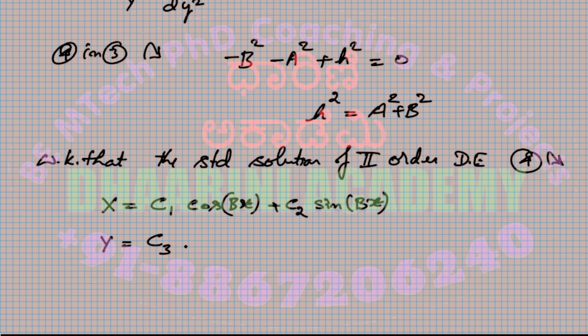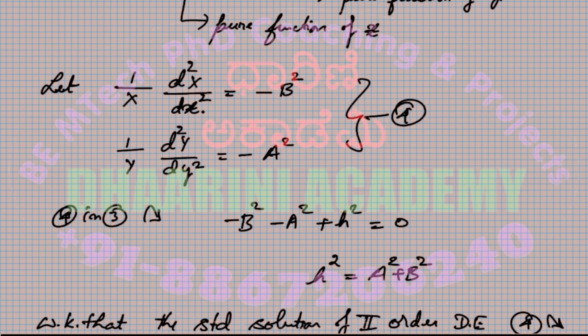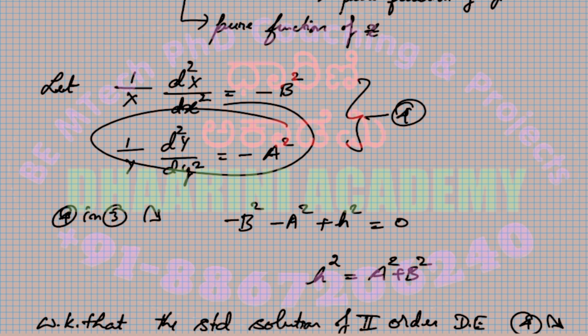Similarly, I'll write the equation for Y, c3, again the same thing, it's a cos. Now it is ax because the right side is a. For the y equation, just consider the equation containing y in equation 4. I'm solving for y. The y has the right hand side represented by a square, correct?